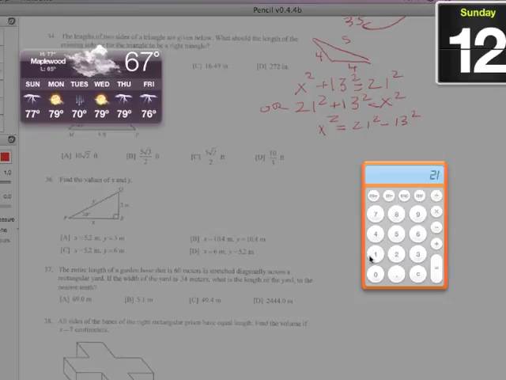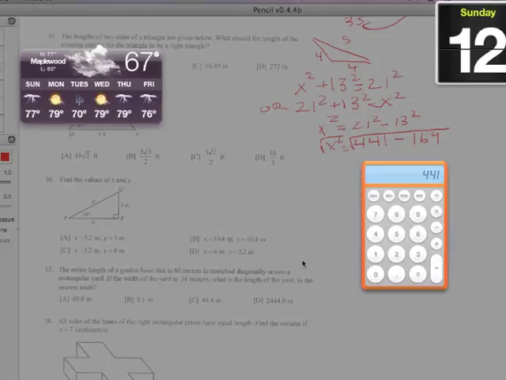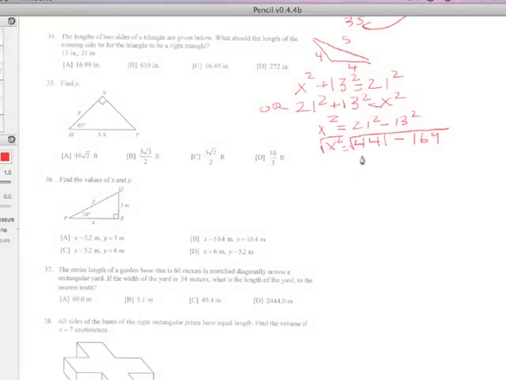So 21 times 21, that's 441, minus 169. So if x squared is equal to this, let's take the square root of both sides. 441 minus 169 is 272, so x is equal to the square root of 272.